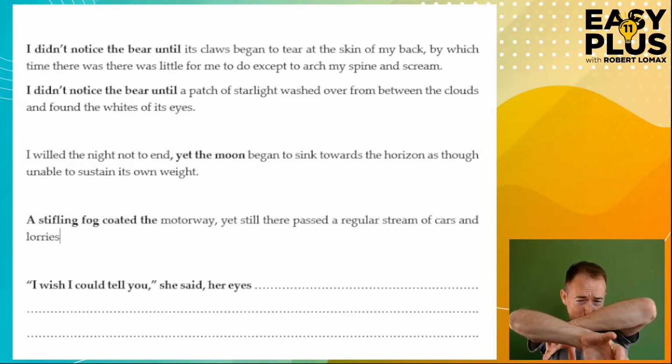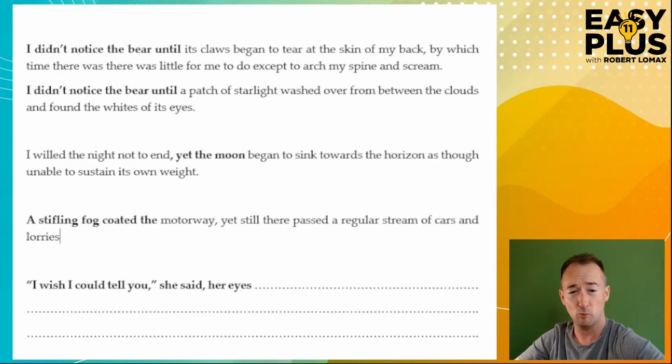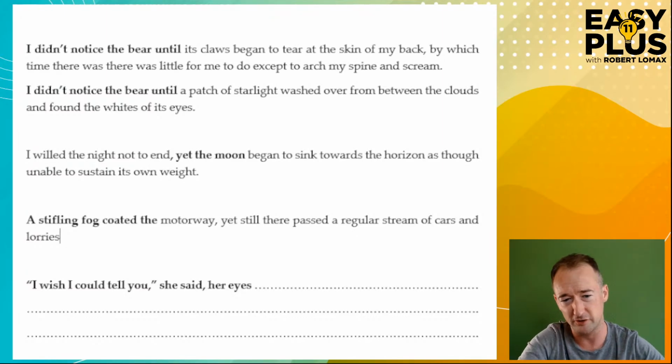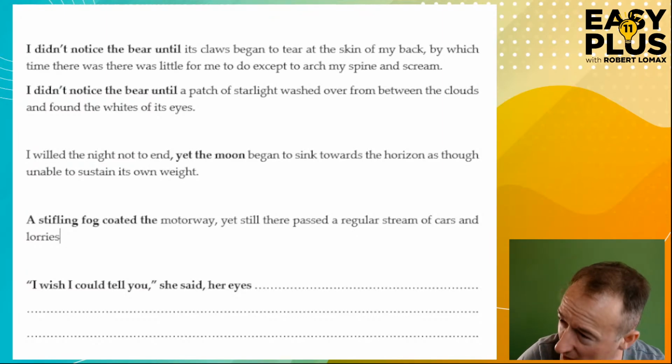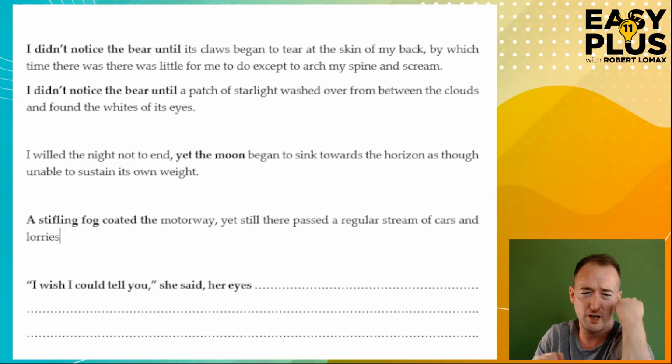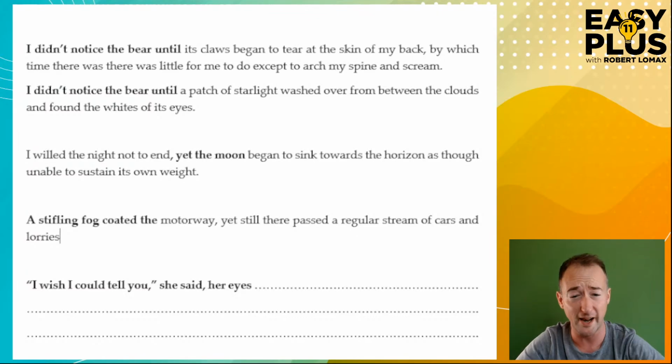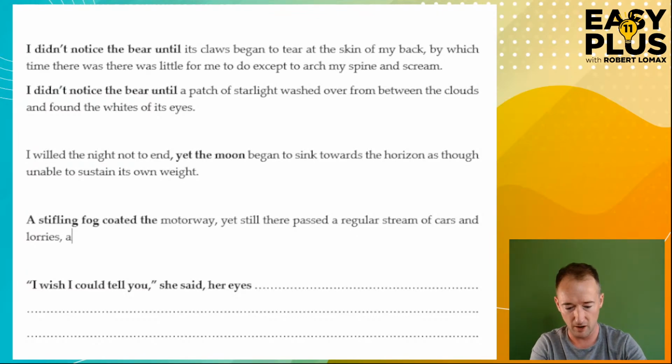You've got to kind of push your way through. Maybe you're walking, maybe you're in sort of quicksand, you're trying to get out, and that's not the way to do it. You should go around in circles in quicksand, actually, or move onto your belly, but be that as it may. Now you're trying to work your way through this mud, and you're kind of elbowing your way. I like that, elbowing your way through, past a regular stream of cars and lorries, all elbowing.